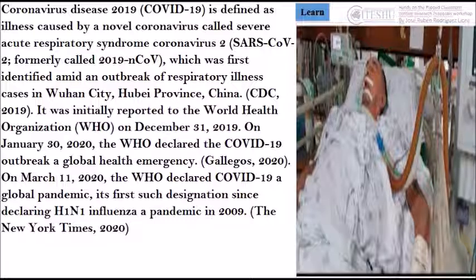It was initially reported to the World Health Organization, WHO, on December 31, 2019. On January 30, 2020, the WHO declared the COVID-19 outbreak a global health emergency (Gallegos, 2020). On March 11, 2020, the WHO declared COVID-19 a global pandemic, its first such designation since declaring H1N1 influenza a pandemic in 2009 (The New York Times, 2020).